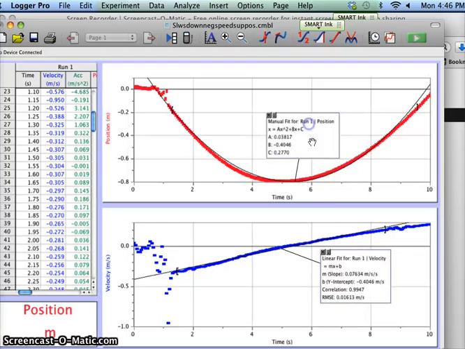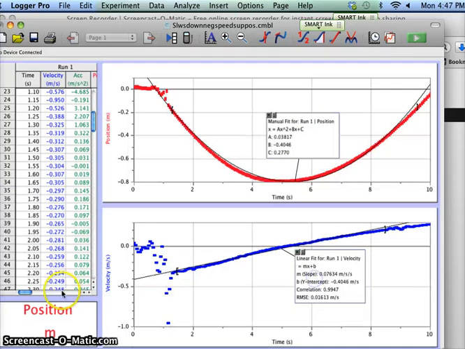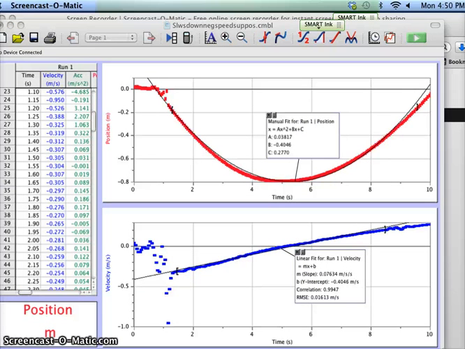Let me show you these equations real quick. All right, so I want to write an equation for the position of our car.